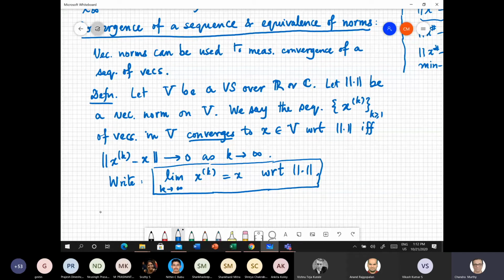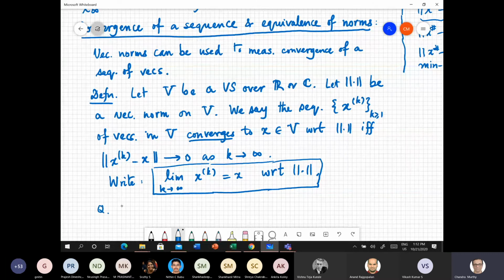There is an example in Horn and Johnson which shows that a sequence can converge to two different points with respect to two different norms. But we won't discuss that here because the focus of this course is on finite dimensional vector spaces.